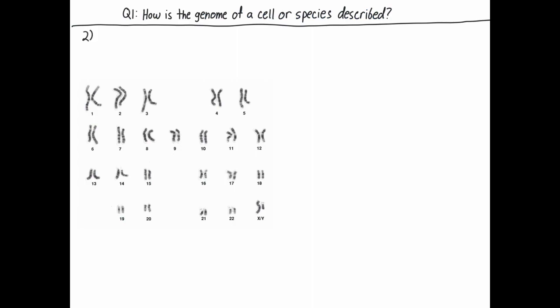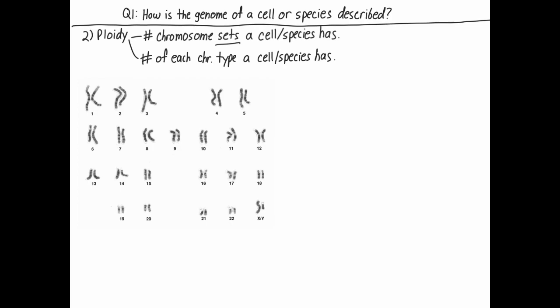A second way we describe the genome of an organism is its ploidy, or how many sets of chromosomes it has. An organism's ploidy is also the number of each chromosome type that it has.